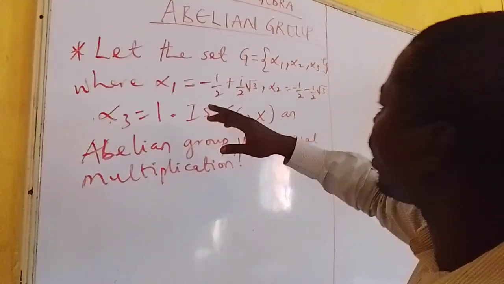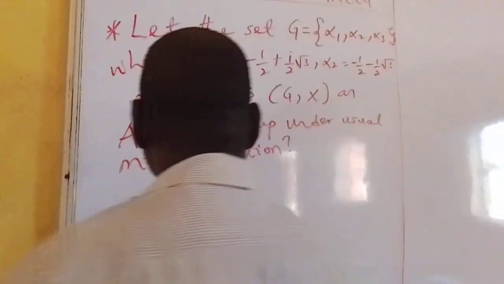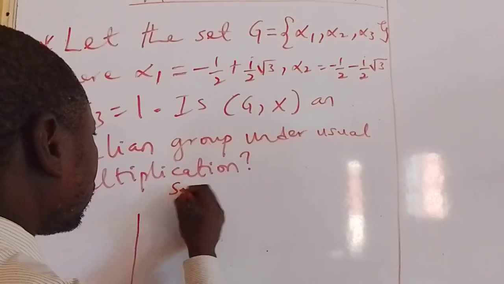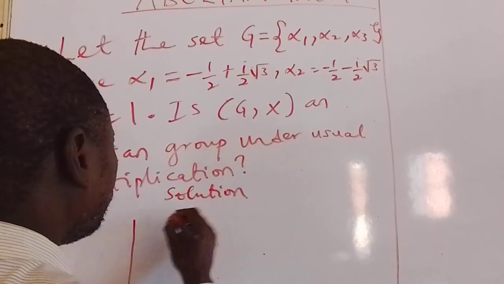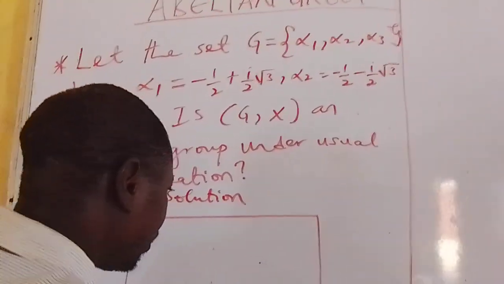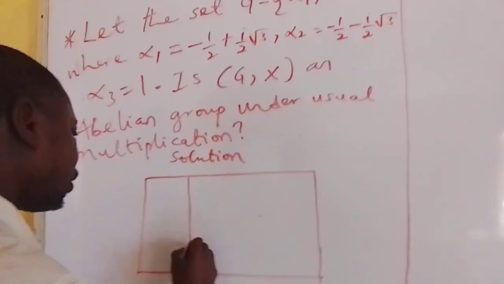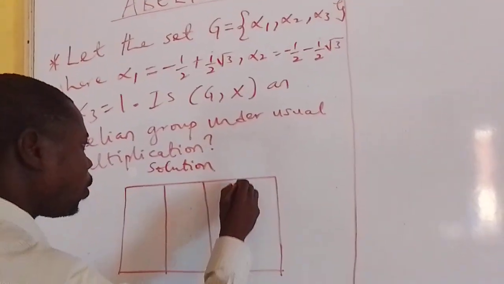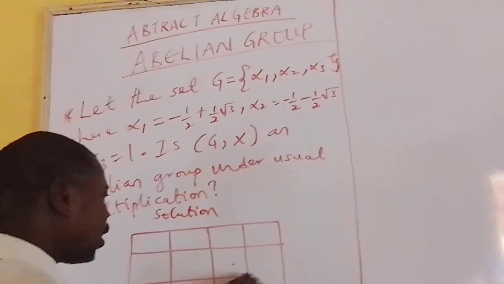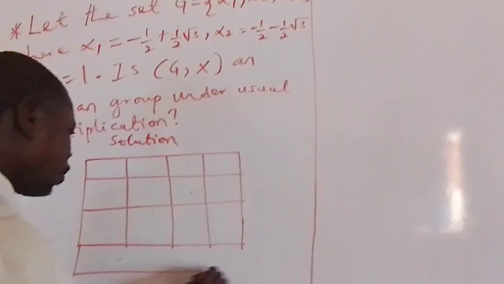Now, with reference to this question, we are going to perform an operation table. Solution. We are going to perform an operation table using the properties I stated. So this is how our operation table will look like. We are going to have the vertical and horizontal columns.